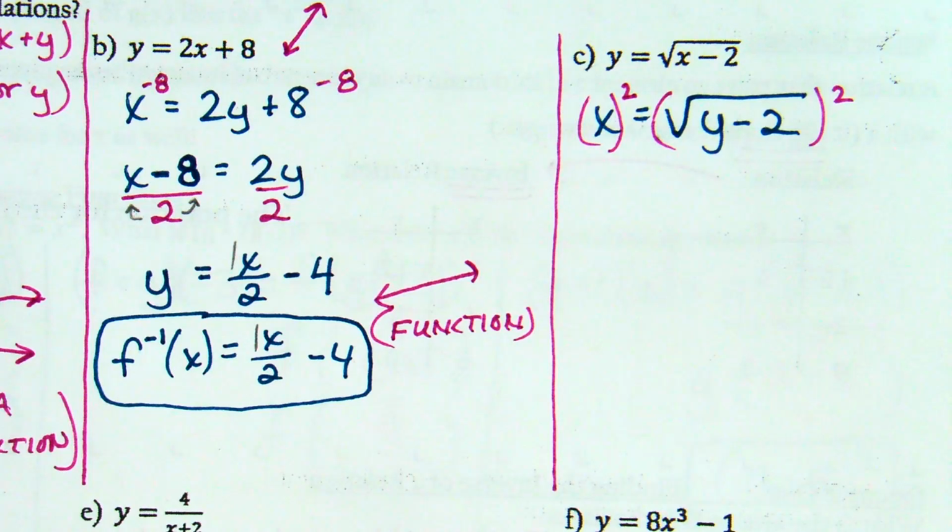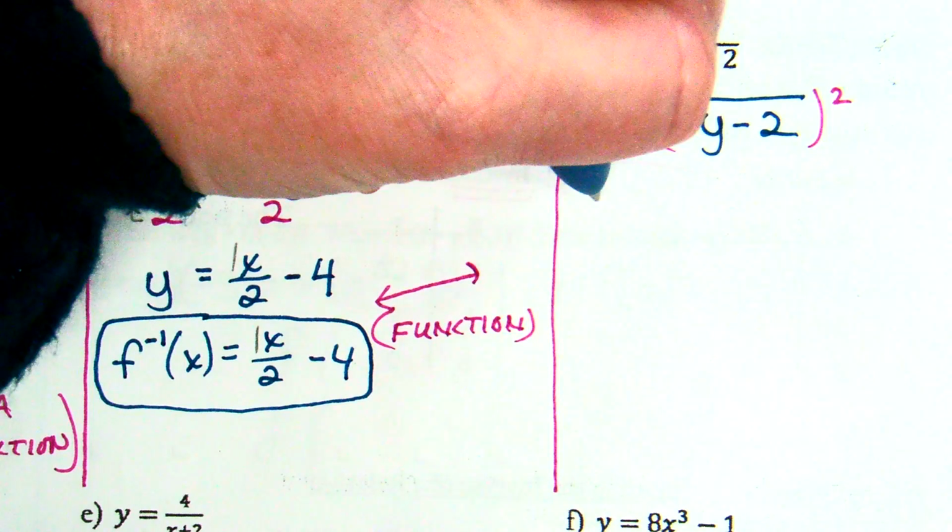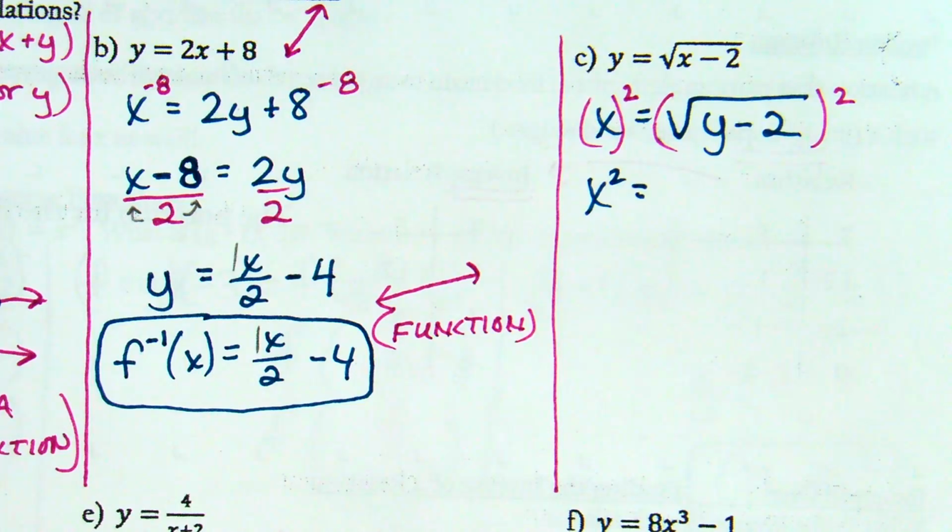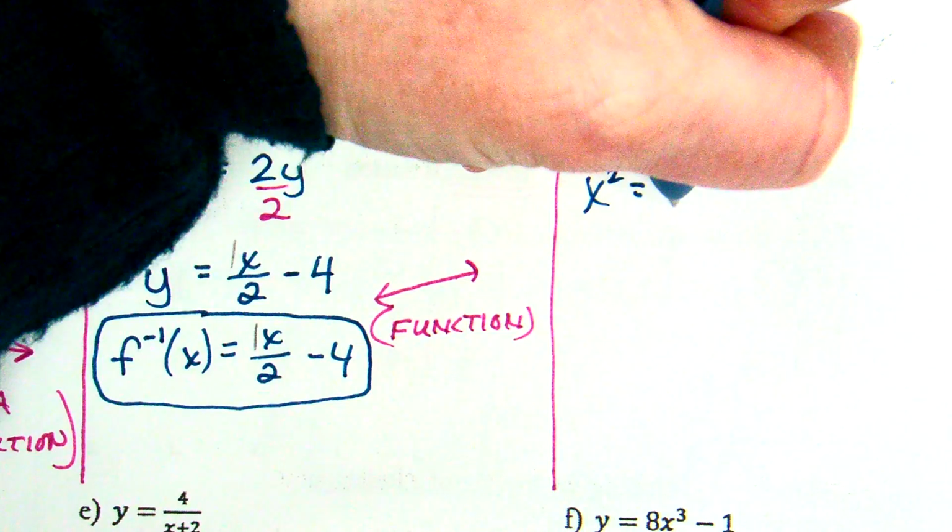If I add 2 on one side, add 2 on the other side. So the y minus 2 plus 2 will cancel, and I have y equals x squared plus 2.